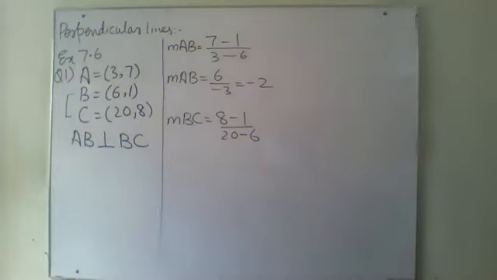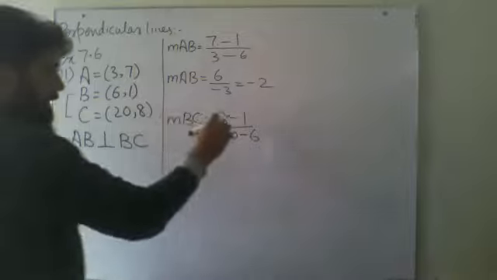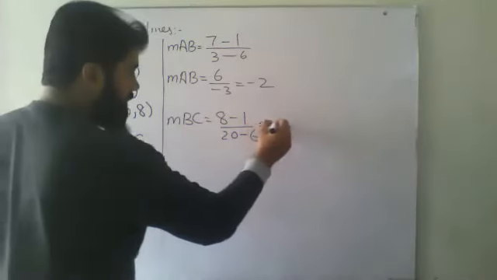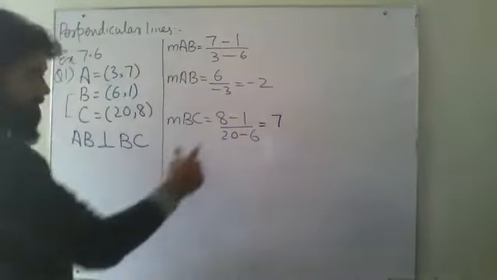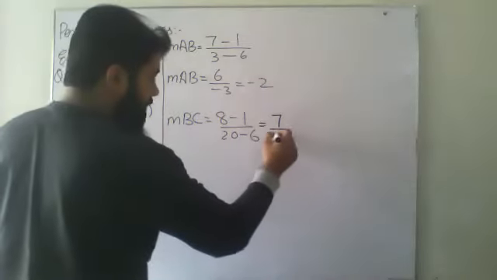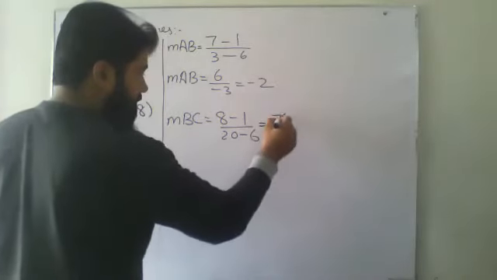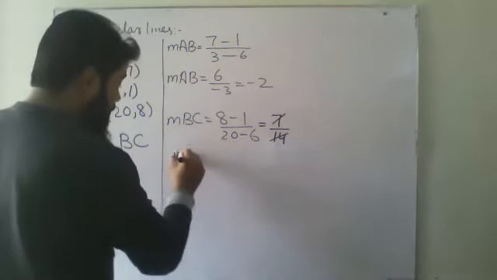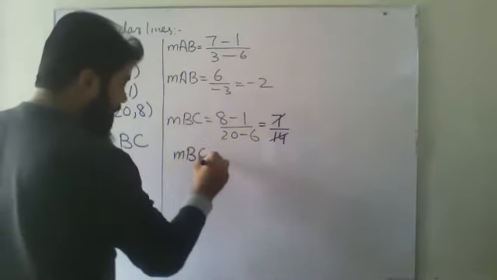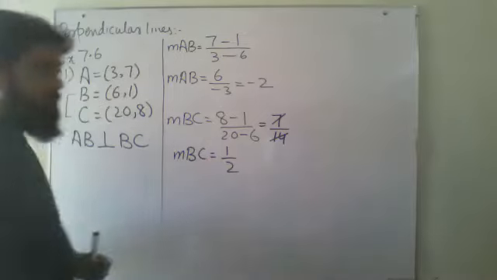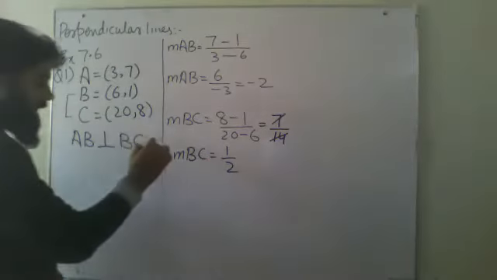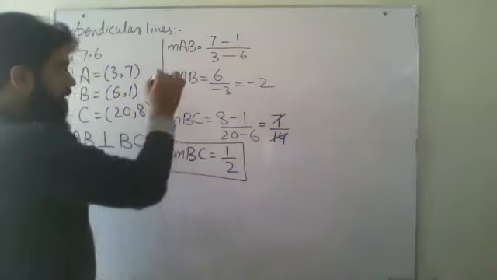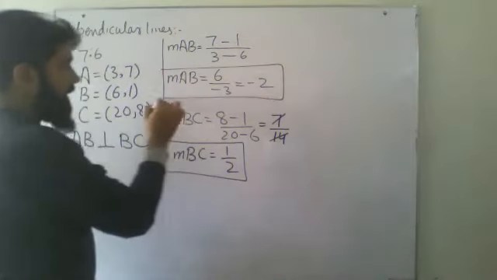Now simplifying it, 8 minus 1 will be 7, 20 minus 6 will be 14. Cancelling it, the gradient of AB is minus 2 and the gradient of BC is coming 1 over 2. Okay, fine. I have found both gradients.